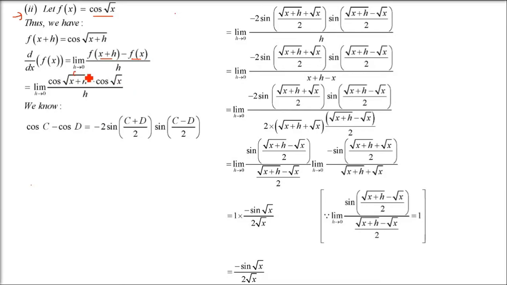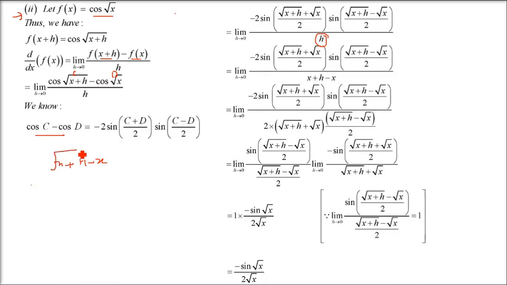Cos c minus cos d is minus 2 sin((c plus d) by 2) sin((c minus d) by 2). So c is root (x + h) and d is root x. Of course we have h here and you know how to convert this h, so we have to add x and subtract x.